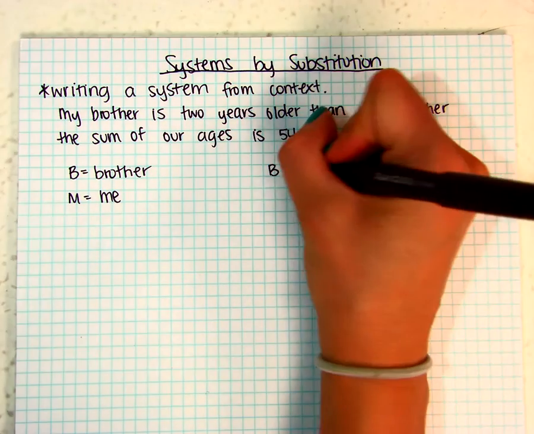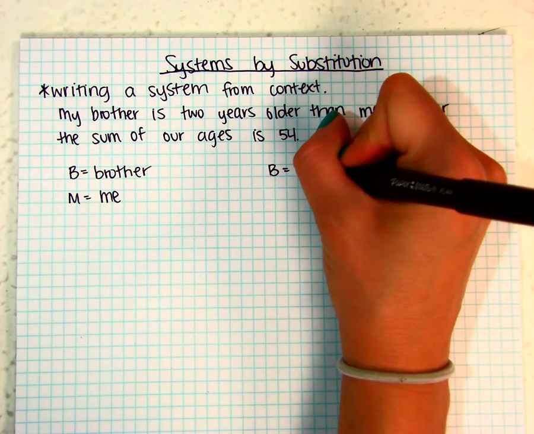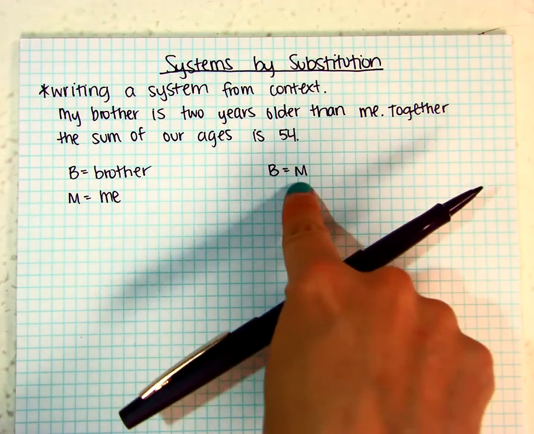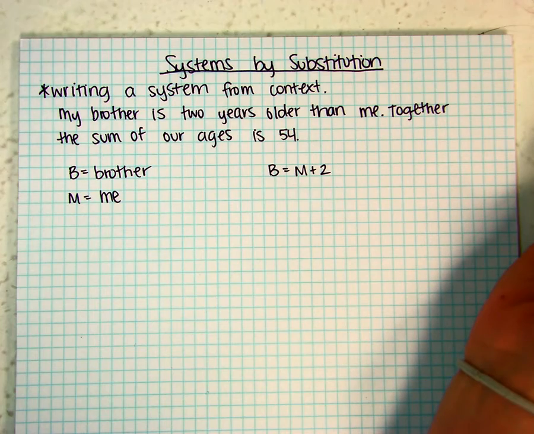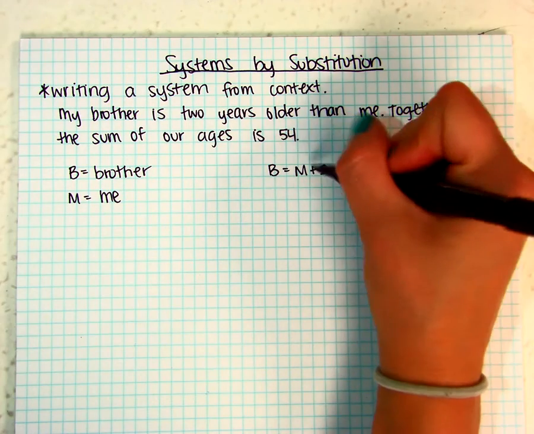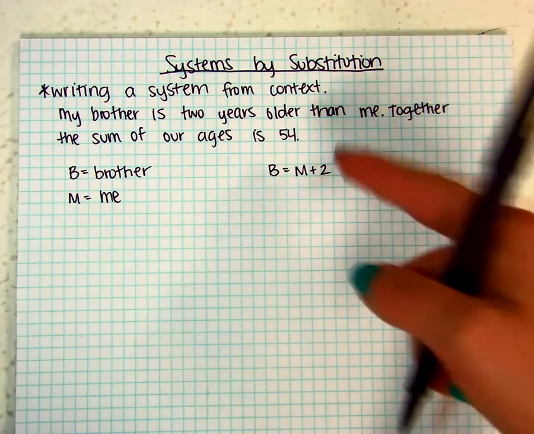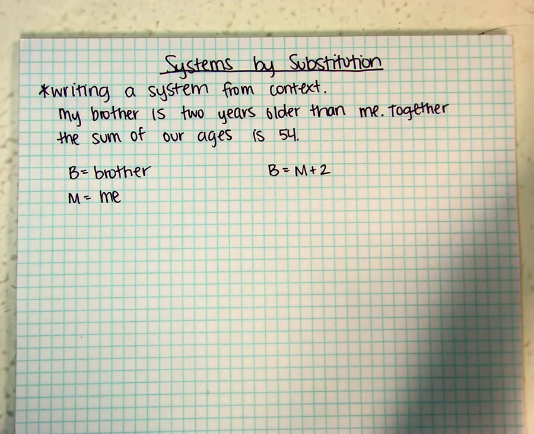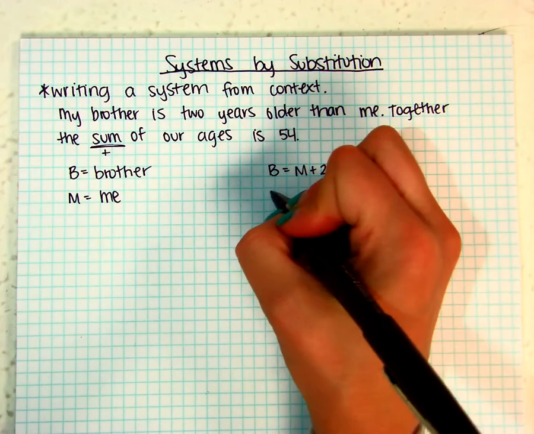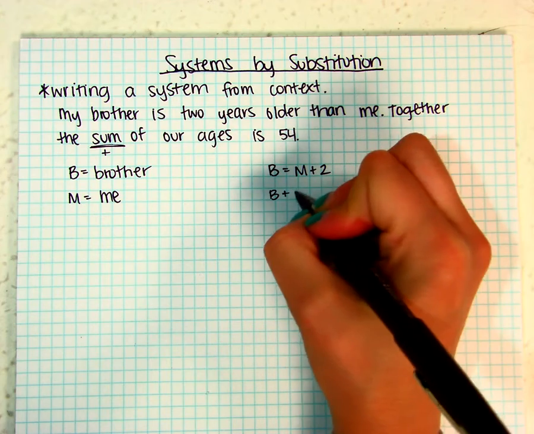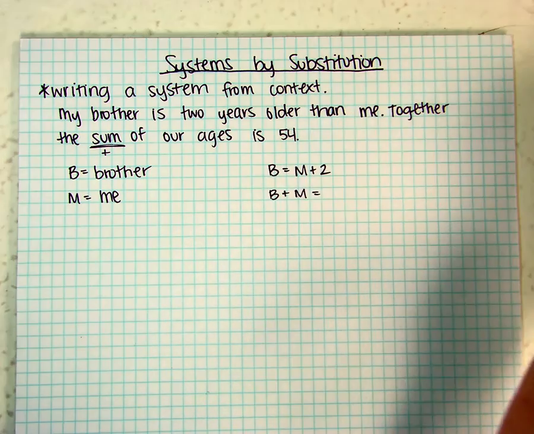So we actually need to think he is my age plus 2. You got to start with the smaller person before you add, if it's talking about ages. And then the sum, that means we're adding. So his age plus my age is 54.